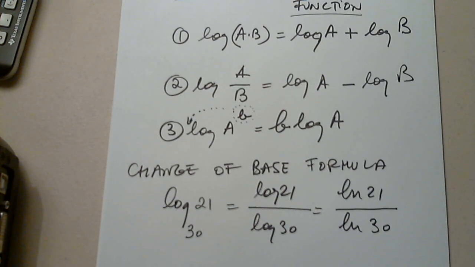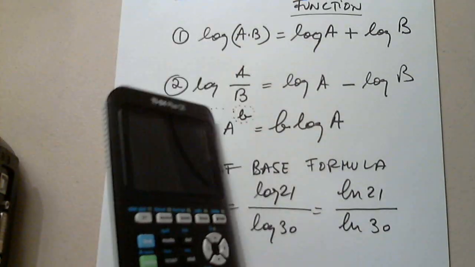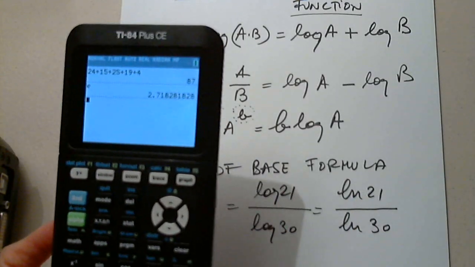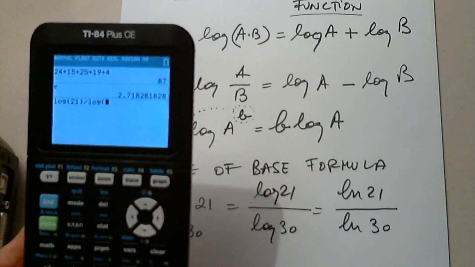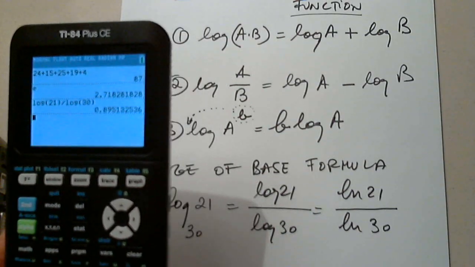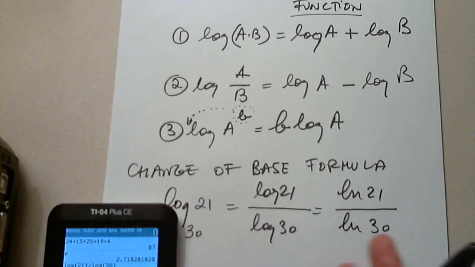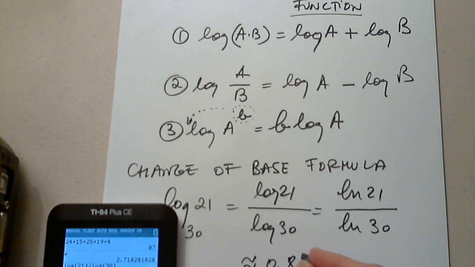Okay? So how do I determine this? It doesn't matter which one I use. I use either log 21 divided by log 30, and in both cases I get the same answer. So it's approximately 0.8951325536.